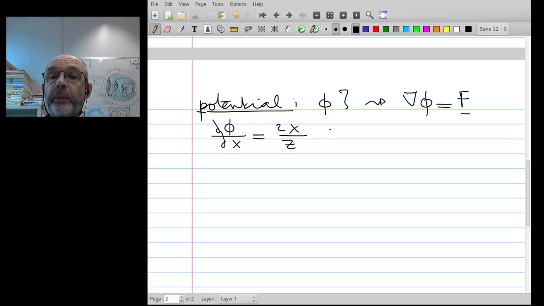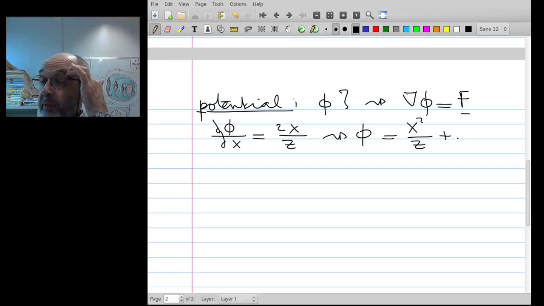the first component. And so you see that your phi, where I let x, y and z away, so much writing, becomes x squared divided by z. On both sides you integrate with respect to x, and if you have just one variable you should get a constant.